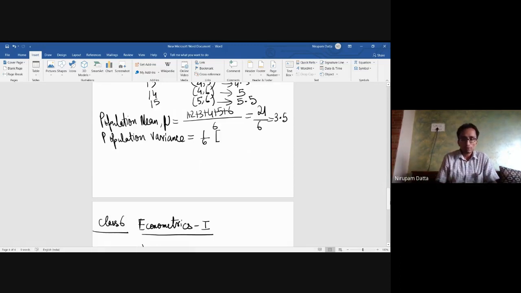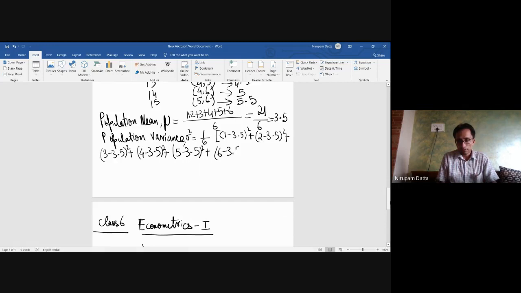Population variance is sigma square, which is 1 by 6 times: (1 minus 3.5) square plus (2 minus 3.5) square plus (3 minus 3.5) square plus (4 minus 3.5) square plus (5 minus 3.5) square plus (6 minus 3.5) square.